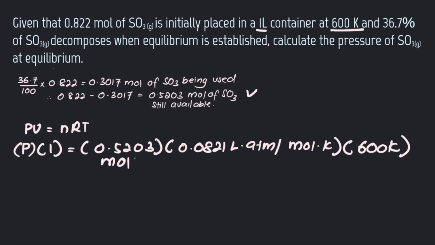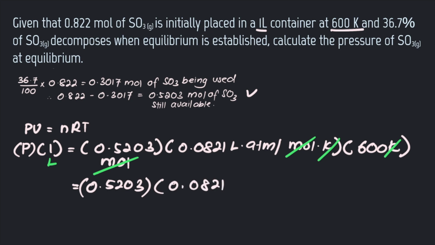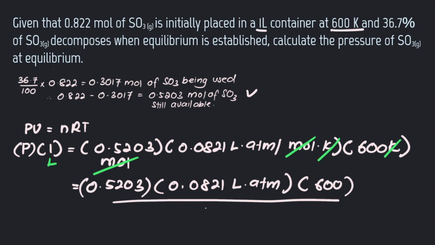So what we can do now is cancel out all the units that we do not want, and the volume should be in liter. So you will get 0.5203 times 0.0821 liter atmosphere times 600, divided by 1 liter.